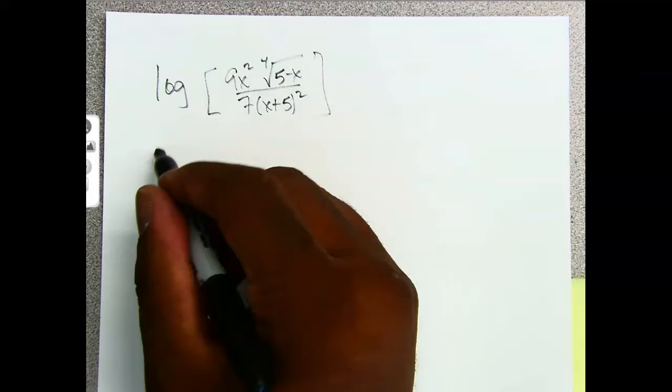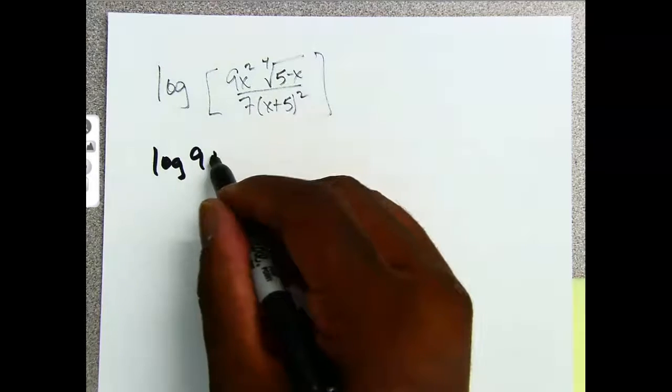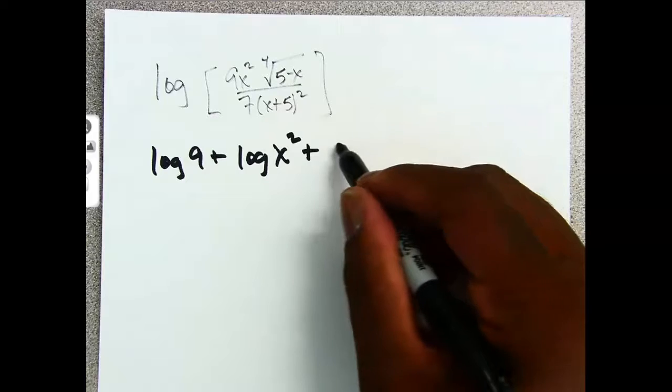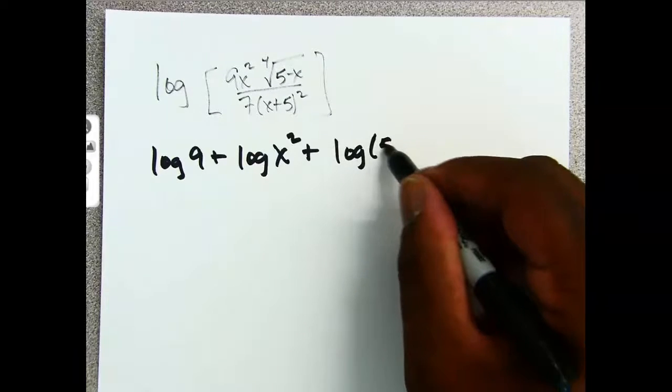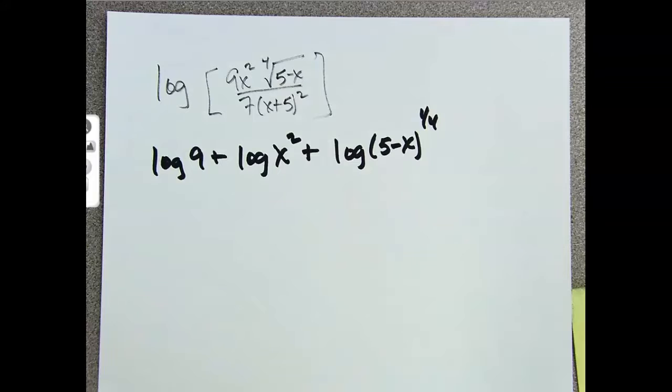we should have log of 9 plus log of x squared plus log of 5 minus x to the 1/4. Those are three factors. So it's the product of 9 times x squared times the fourth root of 5 minus x.